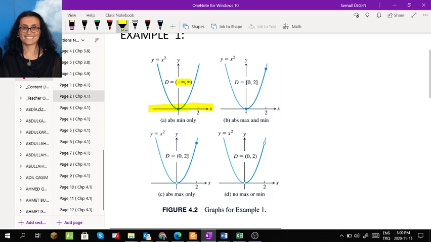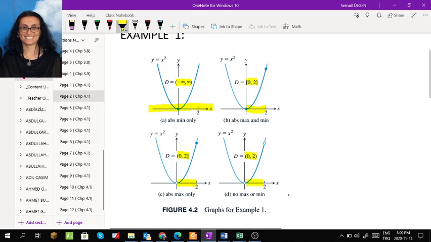The domain is important. For the first function, the domain is all real x's. The domain is different for the others. The domain is just 0 to 2 here, but be careful, 0 is not included here. Here both 0 and 2 are included. Here 0 and 2, but none of the endpoints are included.